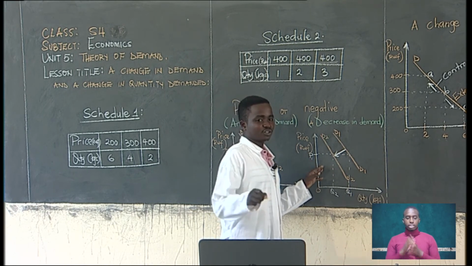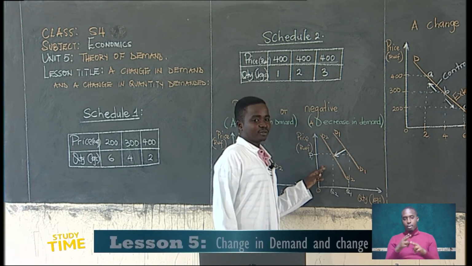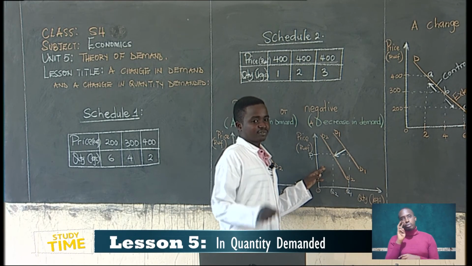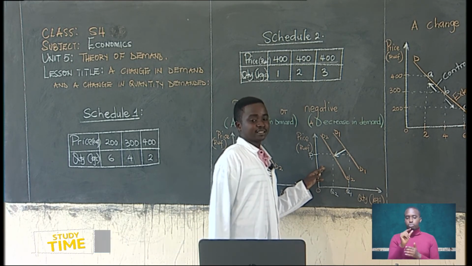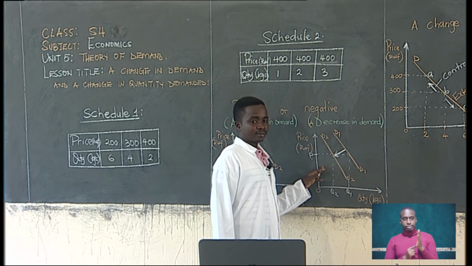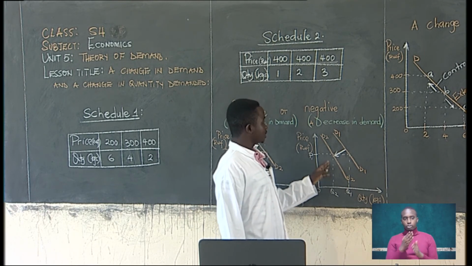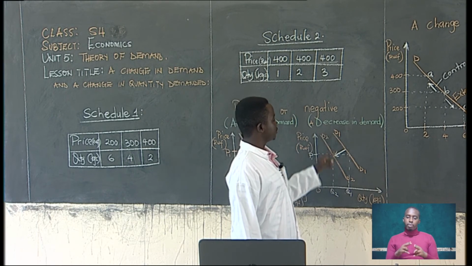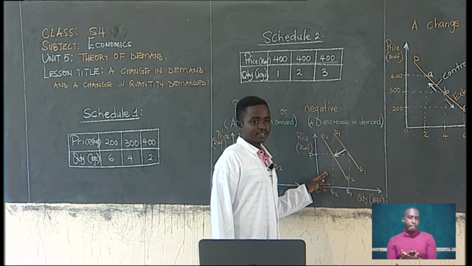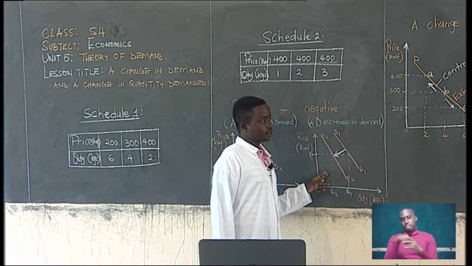Unfavorable seasonal changes, unfavorable changes in tastes and preferences. You have to look at such factors. Small population size. You have to look at those factors. So those factors would result in a decrease in demand.